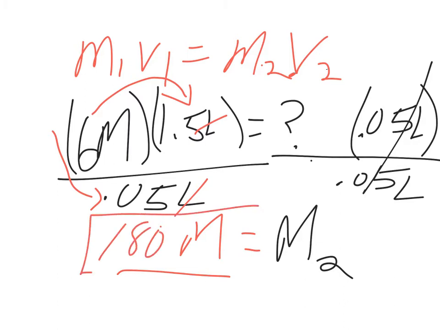Okay, we sure? 0.05 L, yes. So 6 times 1.5, the one next to the 6M. 6 molarity, 6 times 1.5 equals, divide by 0.05. Everybody got 180? Yes. Okay, and that's your molarity.